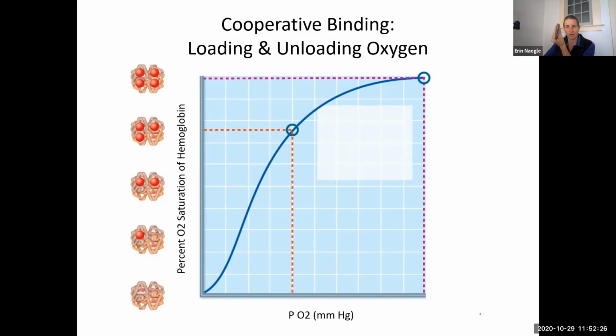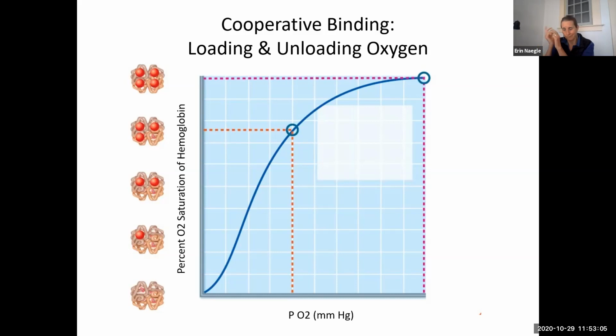It changes conformation and holds on to that a little more strongly. Hemoglobin is similar in that when oxygen binds to that hemoglobin, at first oxygen has a hard time getting in. But once it does, that heme changes shape and then the other hemes change shape, and they increase their affinity for oxygen. That leads to something called cooperative binding and aids in both the loading and the unloading of oxygen.